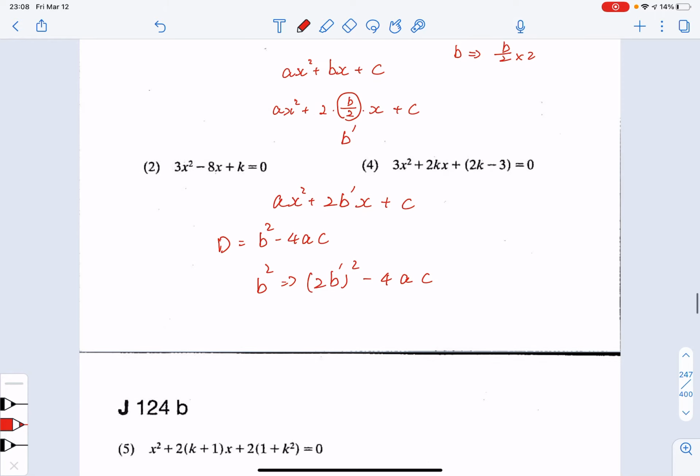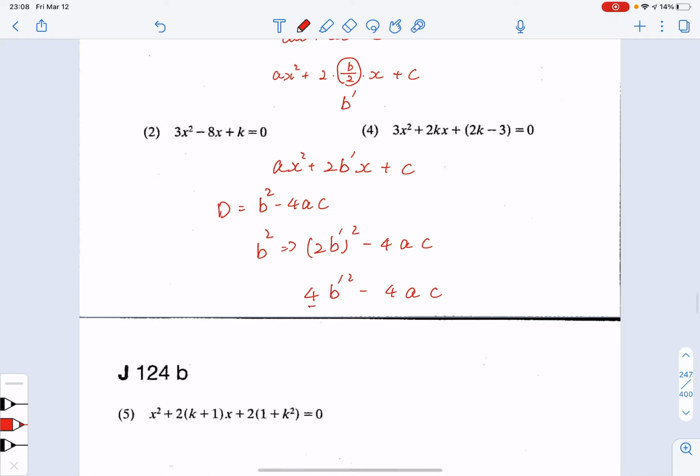So in this case, it will be 4b prime squared minus 4ac. And we know that the 4 and the 4, I can factorize it out: 4 times (b prime squared minus ac).